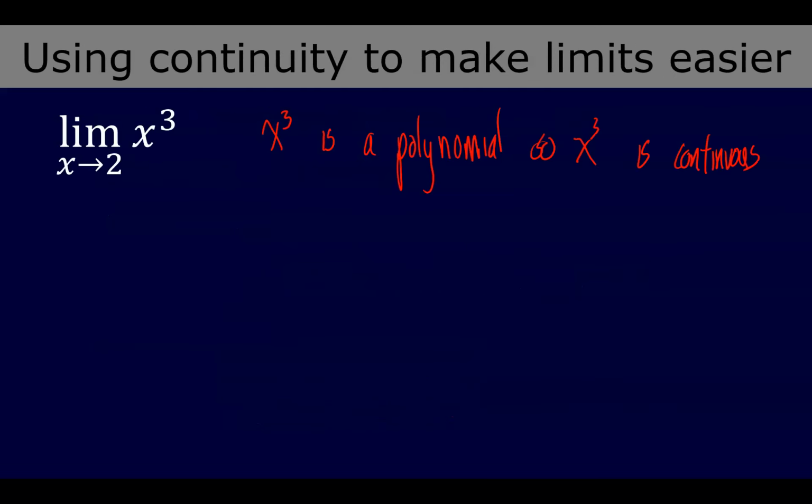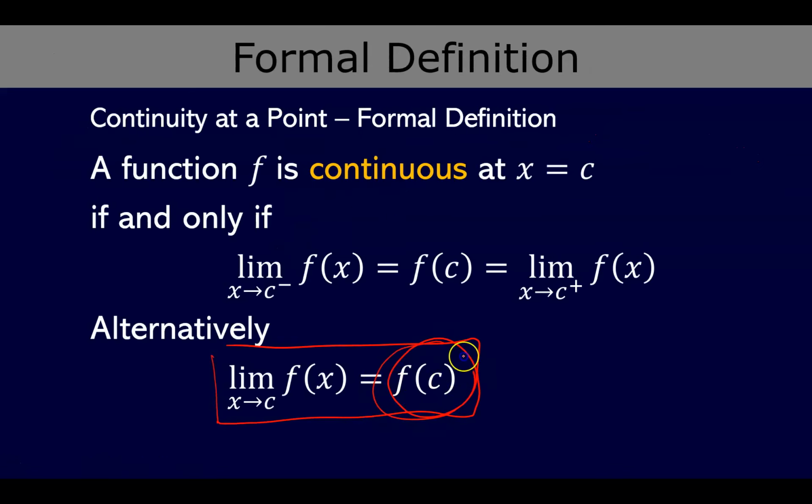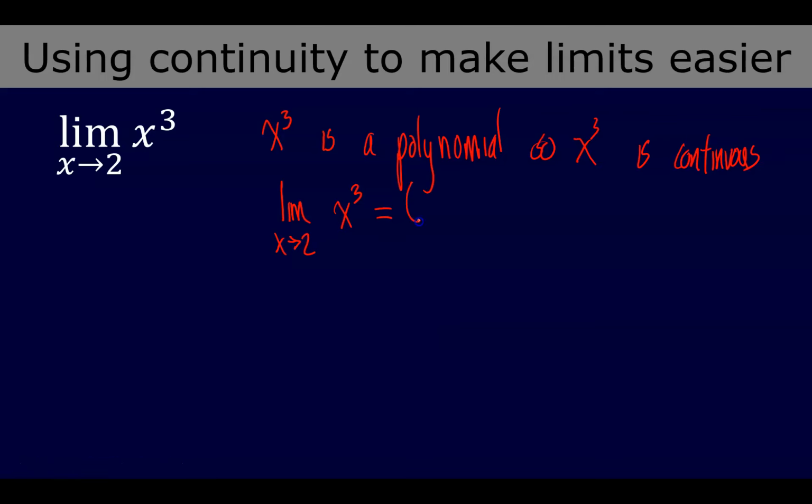Since we know the continuity piece, the limit as x approaches 2 from both sides of x cubed is just going to be equal to that y value. So 2 substituted into x cubed. So the limit as x approaches 2 of x cubed is simply 8.